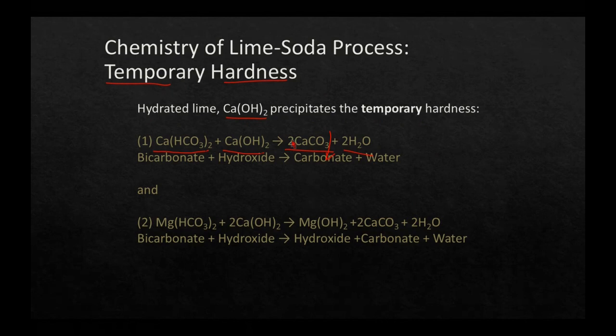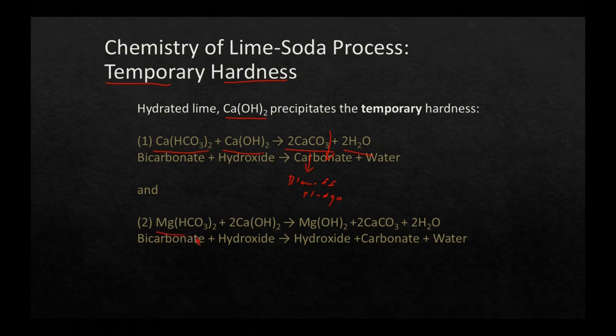Pretty cool. So this stuff here is junk that ends up as part of the sludge. We're going to blow that off. And then, of course, the water, that's a good thing, right?